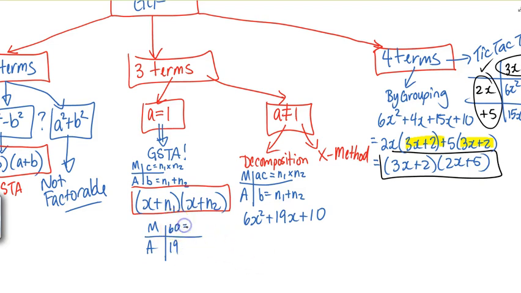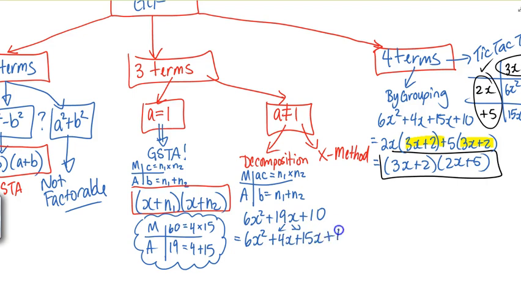Okay, I happen to know the answer to this right away. 4 times 15 and 4 plus 15. This is a downside to this method. Sometimes to get those answers, it can take a long time if the numbers get big. But once you get them, you got them, and it goes fast. So you break down the 19 into 4x plus 15x plus 10.